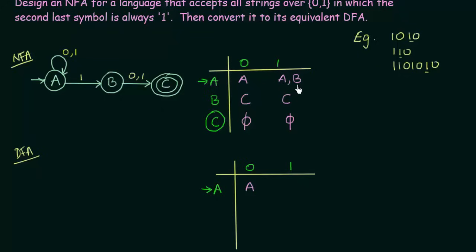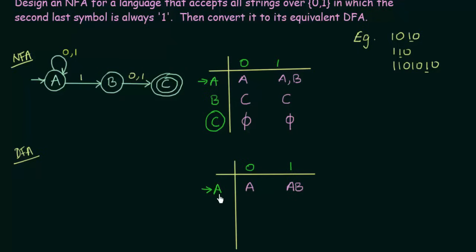But in an NFA, two states are possible, whereas in a DFA, two states are not possible. We can set it to only one state. So we will combine these two states, A and B, and make it a single state, which I will call state AB. Now looking at this row, we have to decide what should be the next state. Here we see that the only states reachable from this row are A and AB.